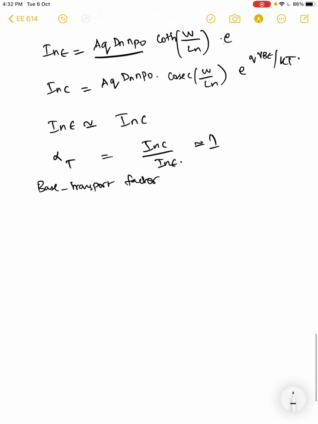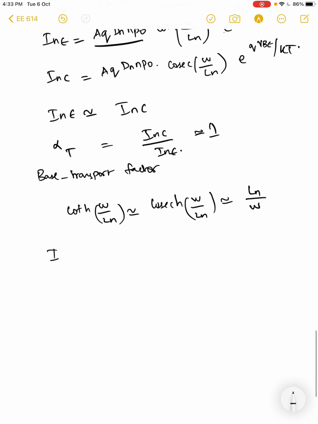And under these conditions, you can actually write cot H W by Ln almost equal to cosecant H W by Ln, which is almost equal to Ln by W, right? Because width is much smaller, so you have almost a really large number here.